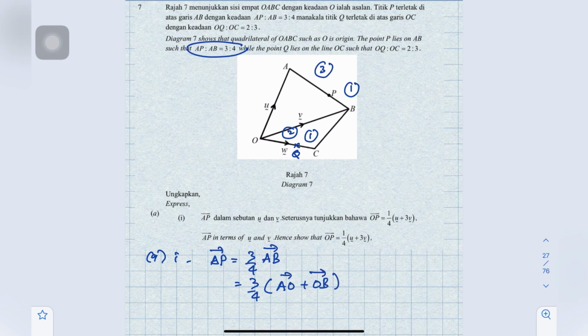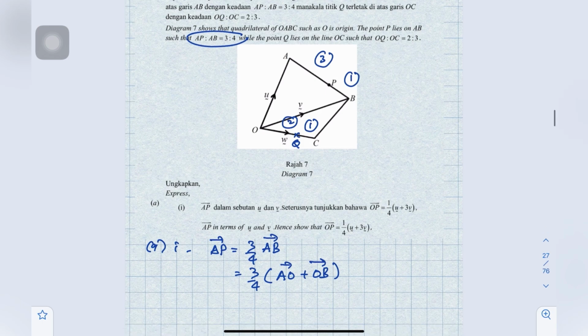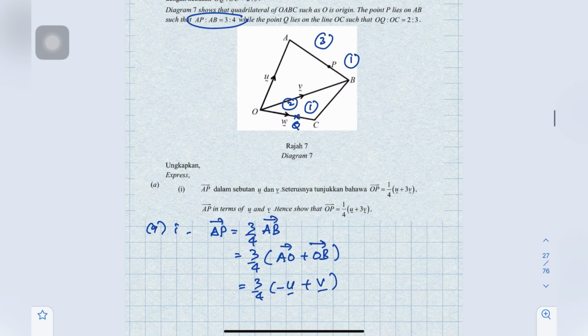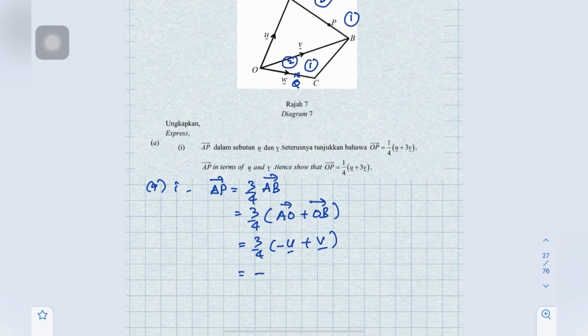Okay, so AO is the opposite direction of vector U. So negative. So 3/4 of negative U plus OB is V. Okay, so then we expand. So negative 3/4 vector U plus 3/4 vector V. Okay, so this is the vector of AP.